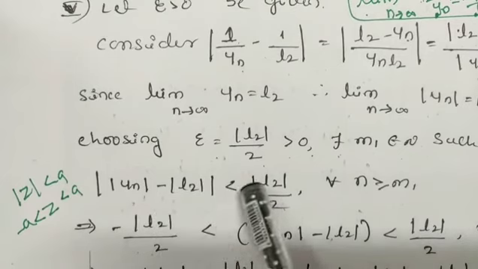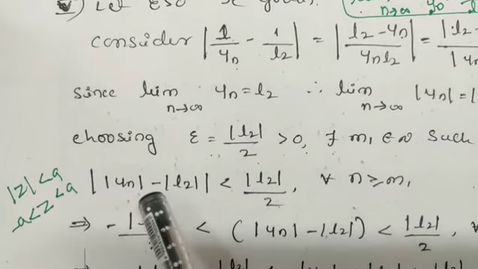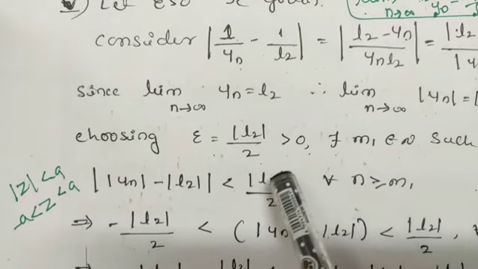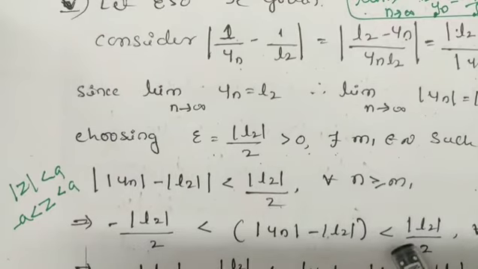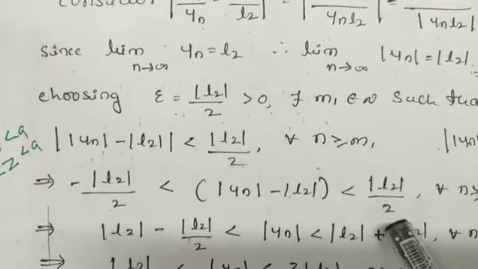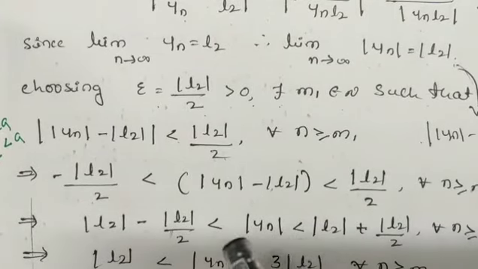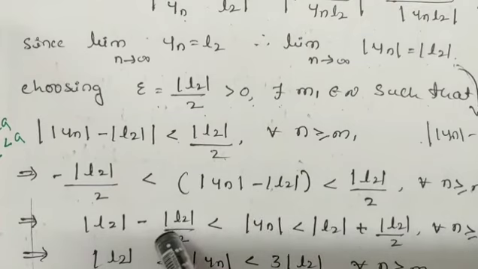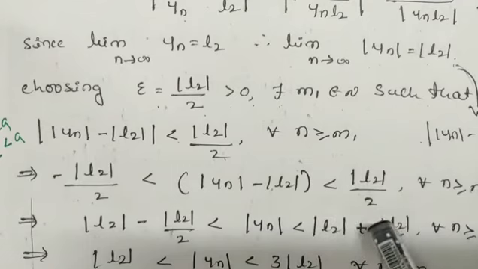What happens here? Mod yn minus mod L2 is greater than minus mod L2 by 2 and less than plus mod L2 by 2 for all n greater than or equal to m. Now if I take this minus mod L2 to this side, it becomes plus mod L2, minus mod L2 divided by 2 as it is, and mod yn as it is, which is less than mod L2 divided by 2, plus mod L2.